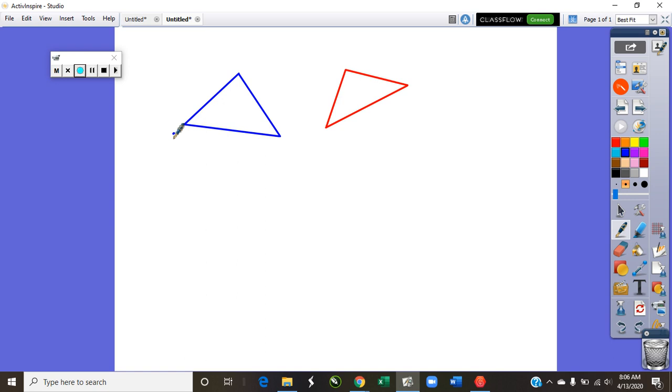Let's say this one is triangle ABC, and I probably didn't draw them exactly the same, but for comparison's sake, let's pretend these are exactly the same measure. So this is DEF.